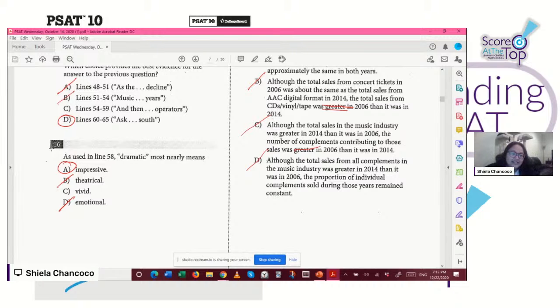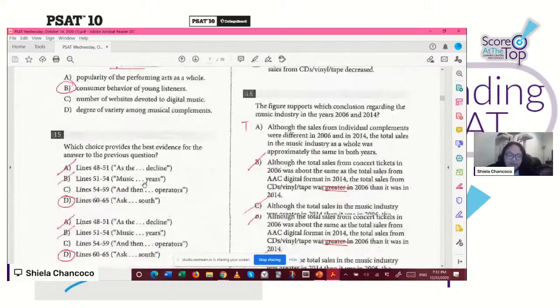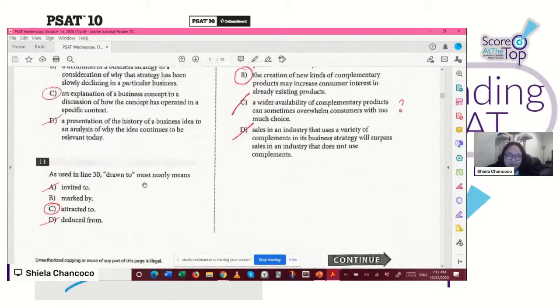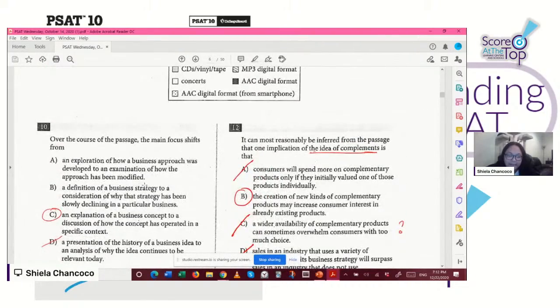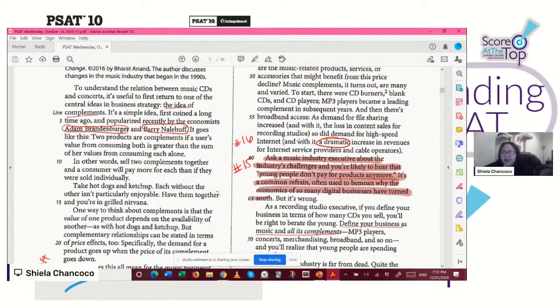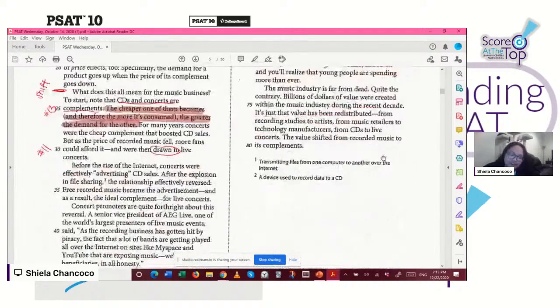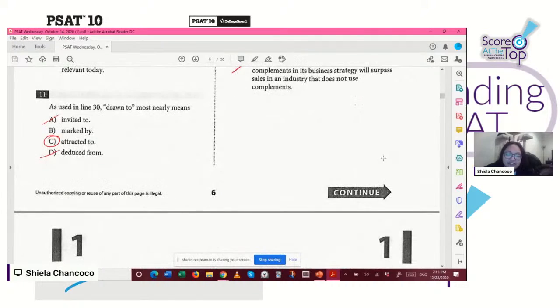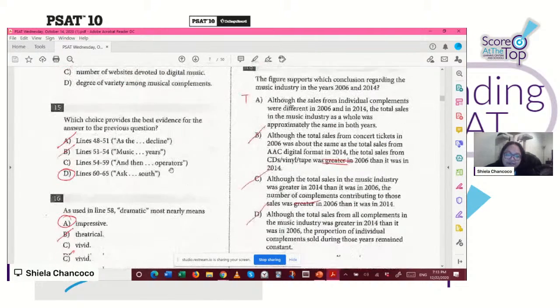They use line 58, dramatic most nearly means, right? Dramatic, so line 58, let's move up. Where am I? 58, okay, here we go. They said, as the demand for file sharing increased, so did the demand for high-speed internet, and with it, a dramatic increase in revenue. Okay, dramatic increase, that's pretty self-explanatory, a big, huge increase, right?